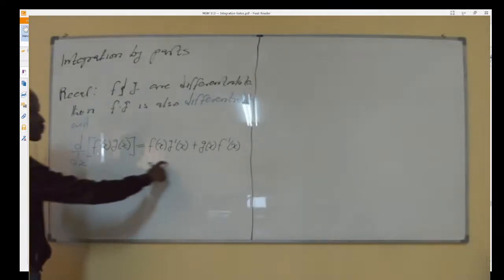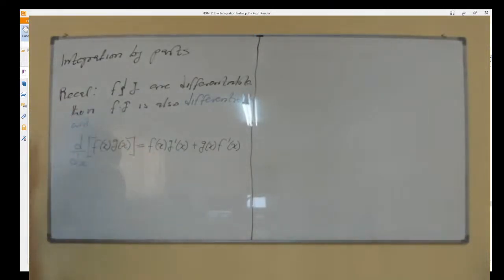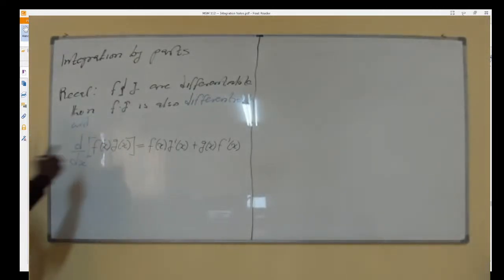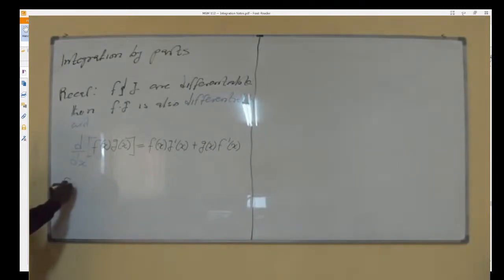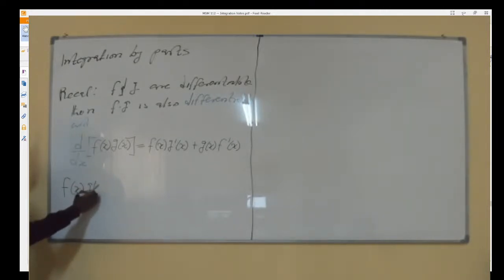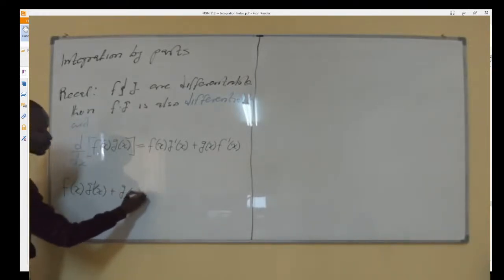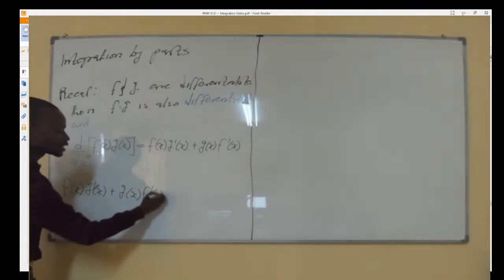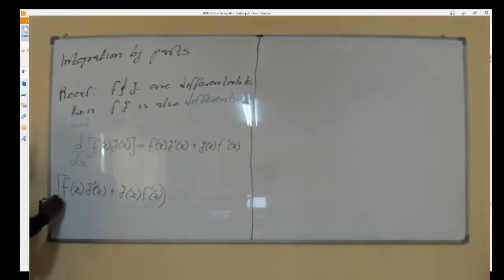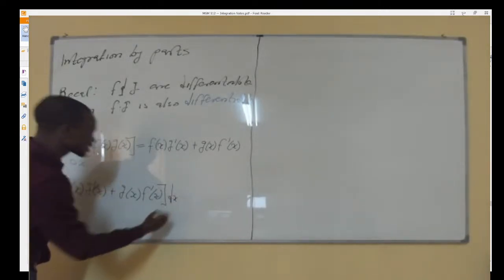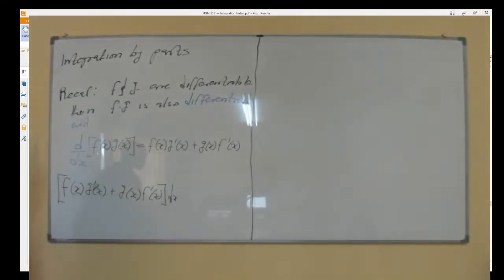If you look at this expression, we can also rewrite it in this form: f of x times the derivative of g of x plus g of x times the derivative of f of x. So we can do that. We can put dx. I hope everyone is following.